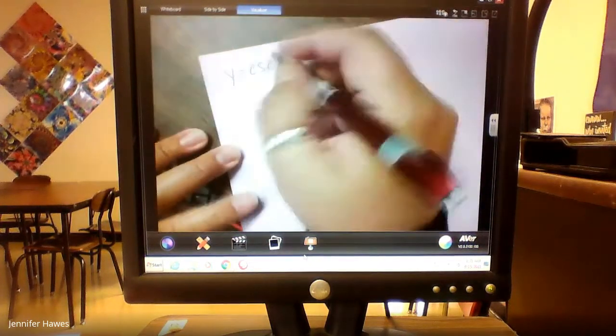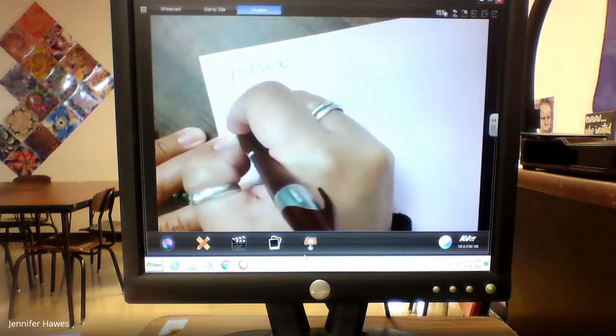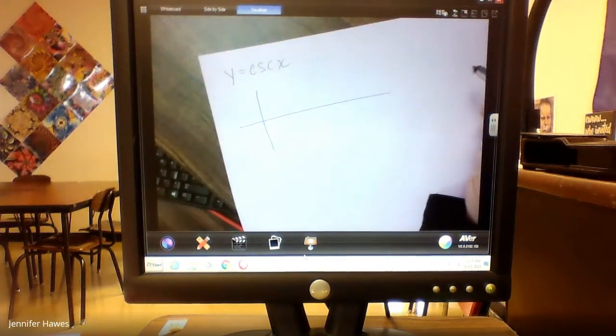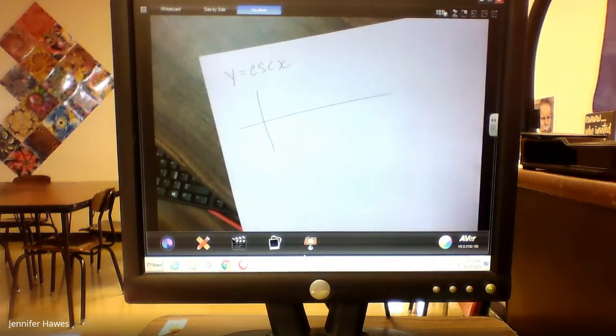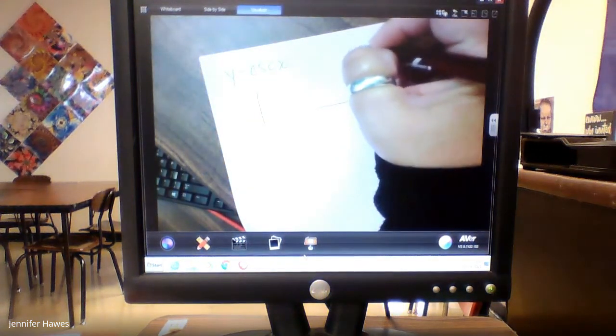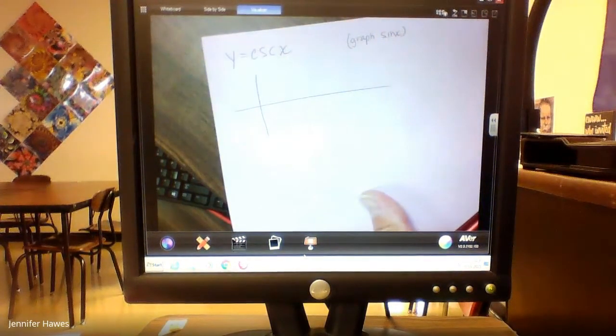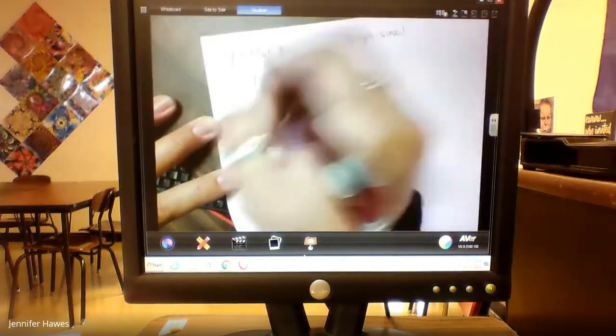So usually what I do when I start off doing cosecant, I just tell kids to graph sine. Just if it says cosecant, just ignore that and graph it as if it were sine.